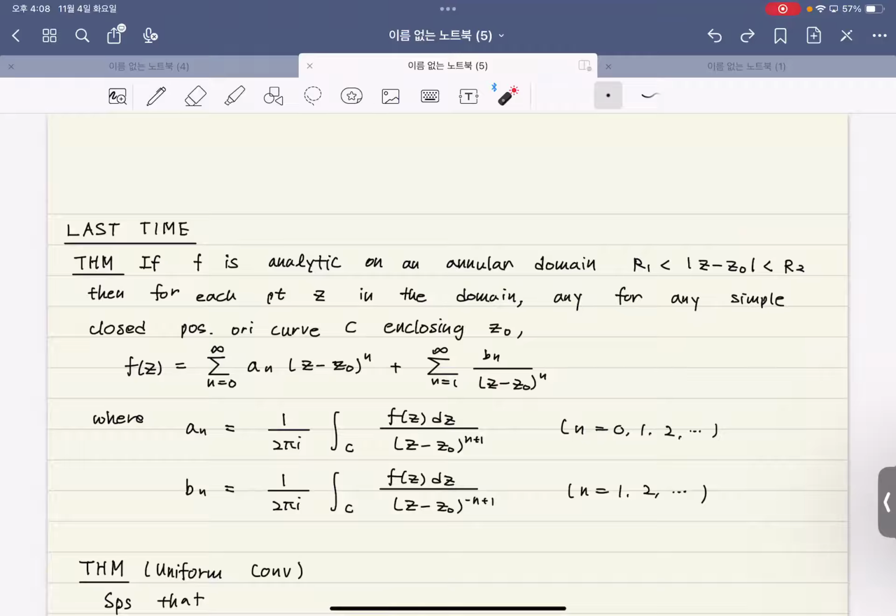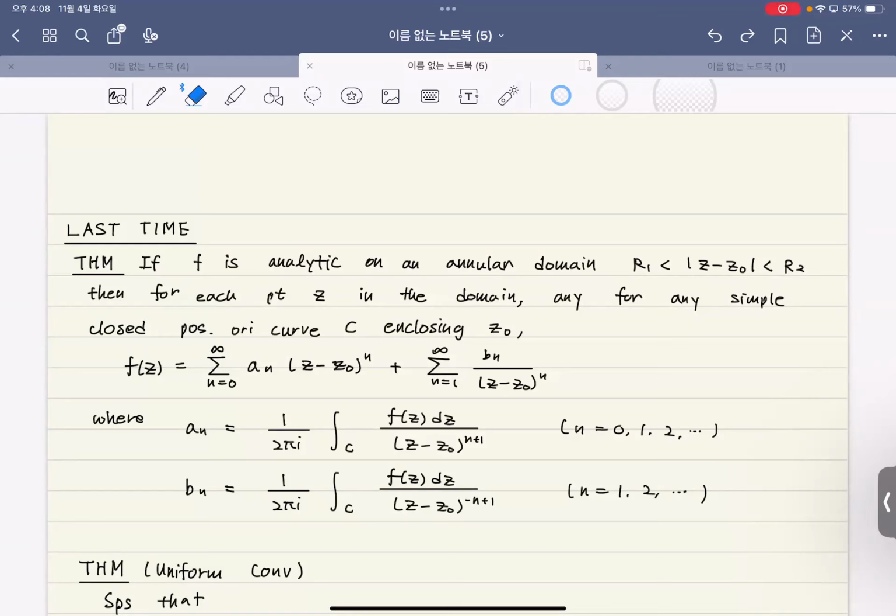Okay, the question is, how do we get these coefficients, a_n and b_n? According to the Laurent theorem, in order to find these coefficients, we need to compute these integrals, this infinite family of integrals and that infinite family of integrals. And a priori, computation of these integrals may require a lot of computation power, right? So it should be very tedious or very painful.